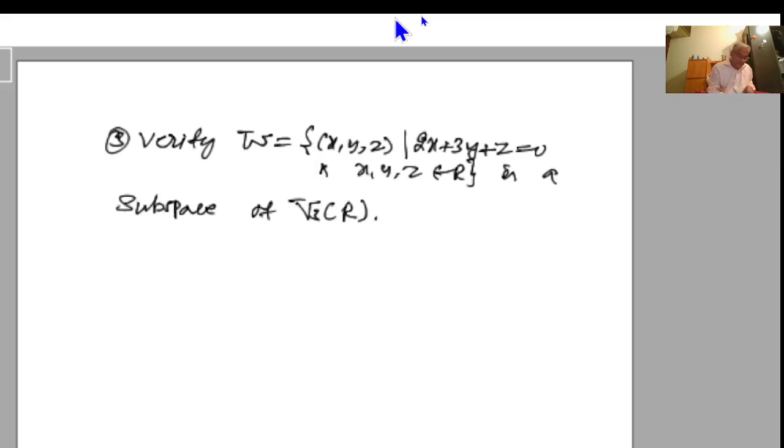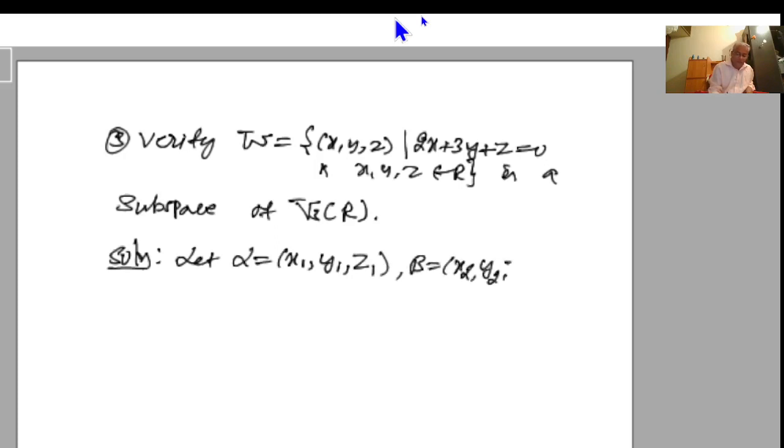So here, similar method, let alpha equal to x1, y1, z1 and beta equal to say x2, y2, z2 belong to W.